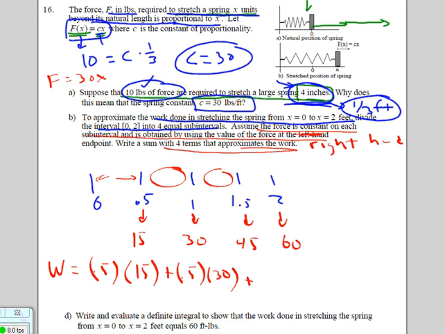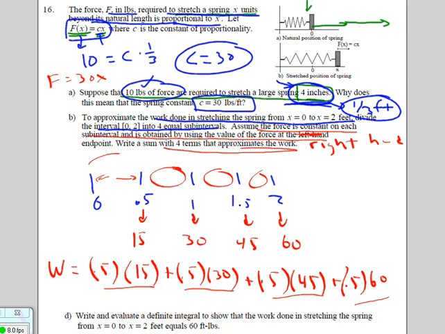And over this distance of 0.5, my force is 45. And over this distance, my force is 60. So each of those 4 terms represents the work done to move the block over that 0.5 foot interval. And if we add that up, that will approximate the work for us.